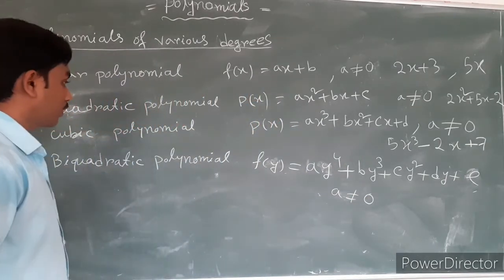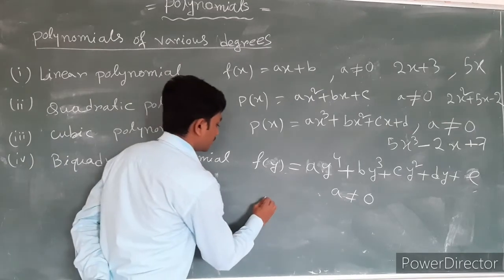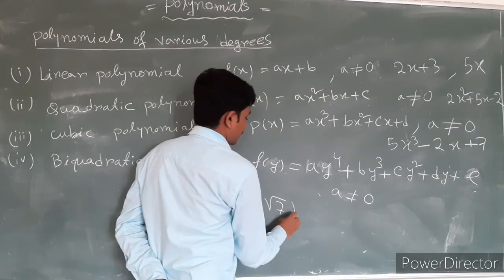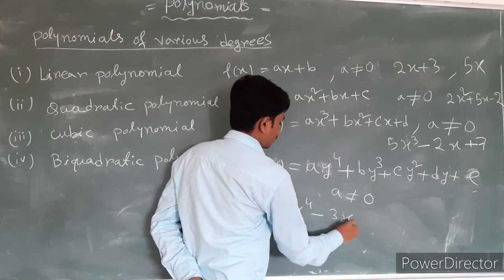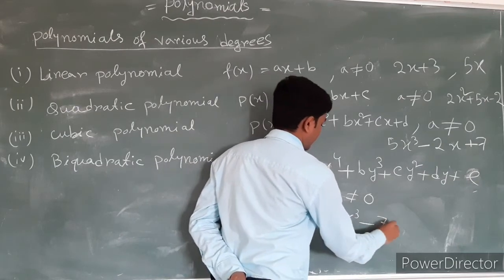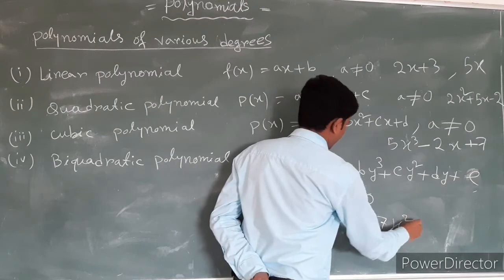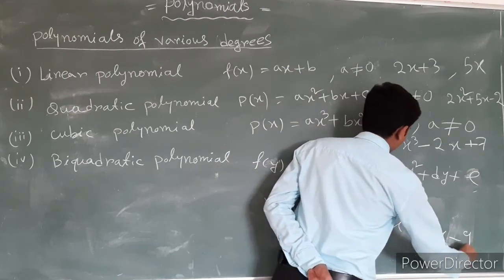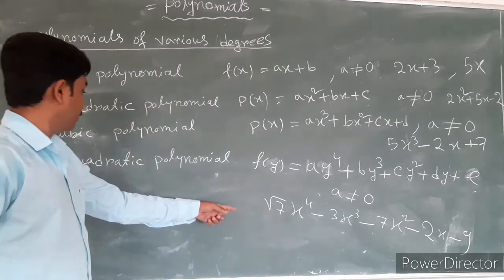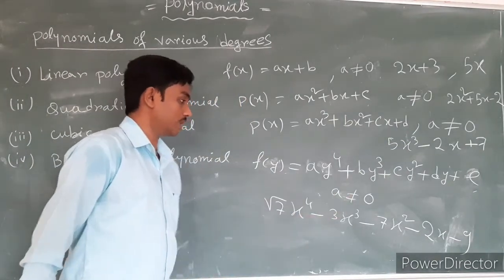The example of a biquadratic polynomial is root 7 x to the power 4 minus 3x cubed minus 7x squared minus 2x minus 9.